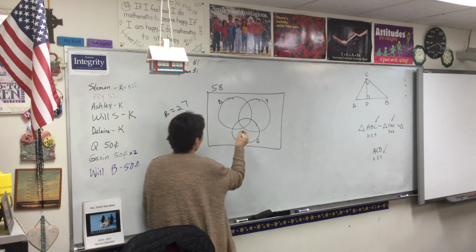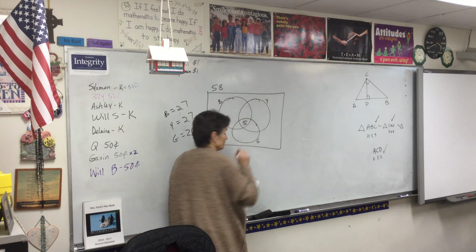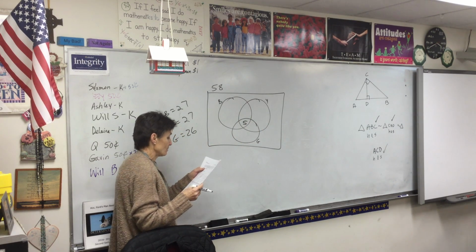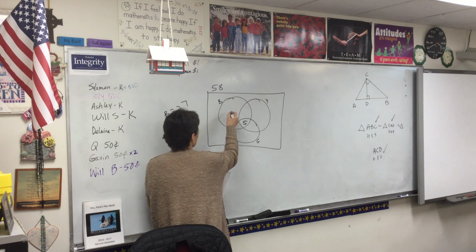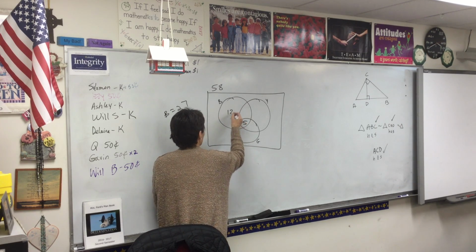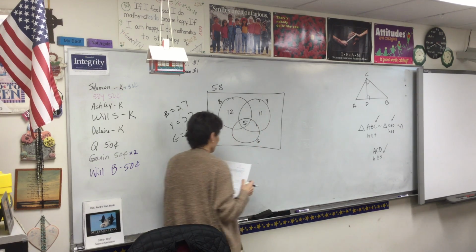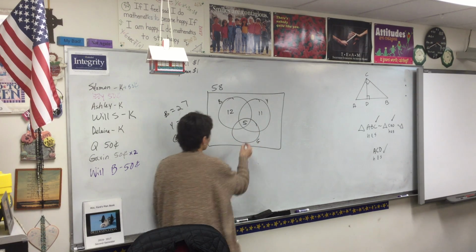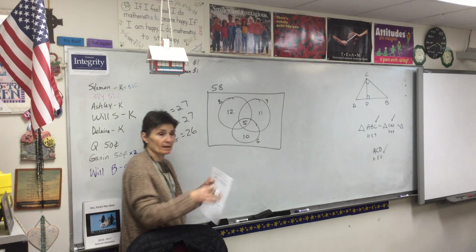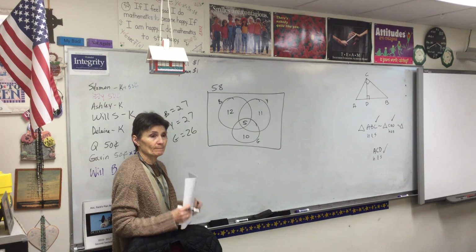And I told you that 5 like all of them, right? Yeah. And 12 like only blue, 11 like only yellow, and 10 like only green. So that was the given information.